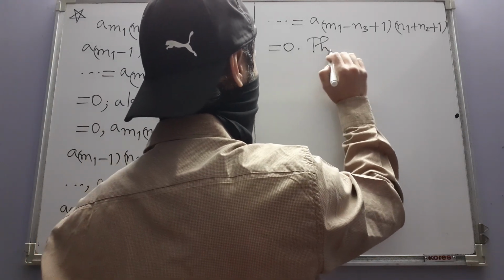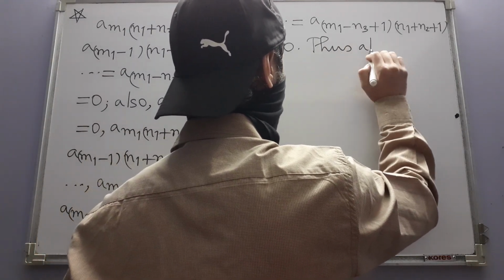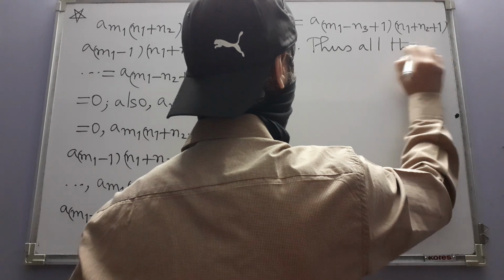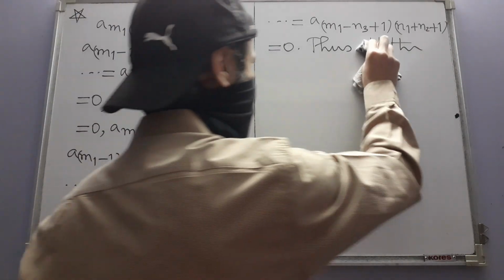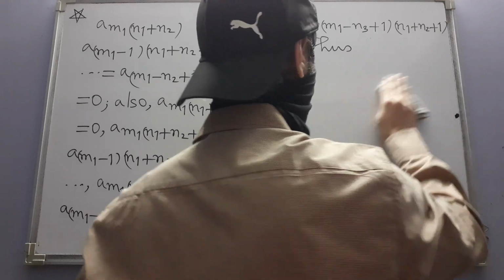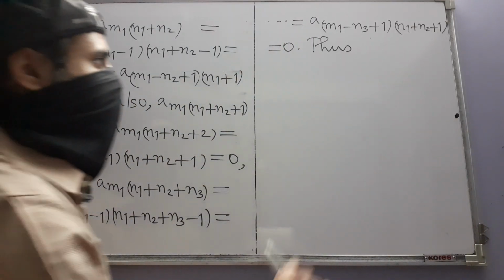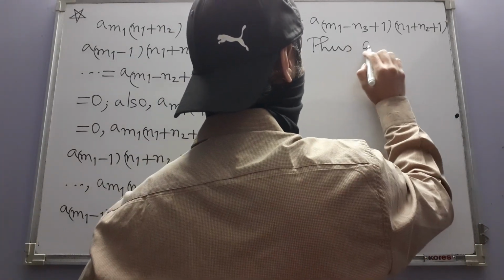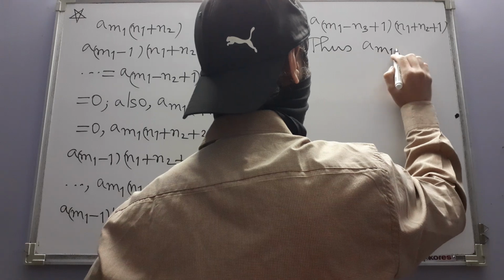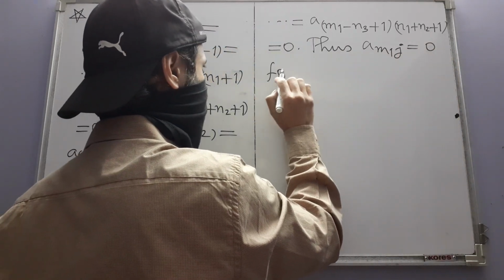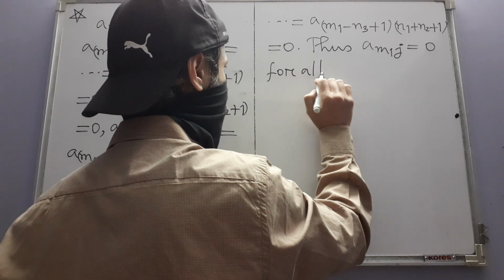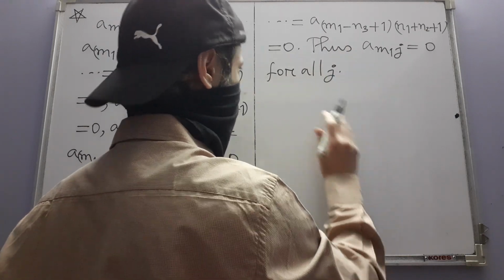Thus, instead of writing in words, I can simply write in symbols: A m1 j is equal to 0 for all j from 1 through n.